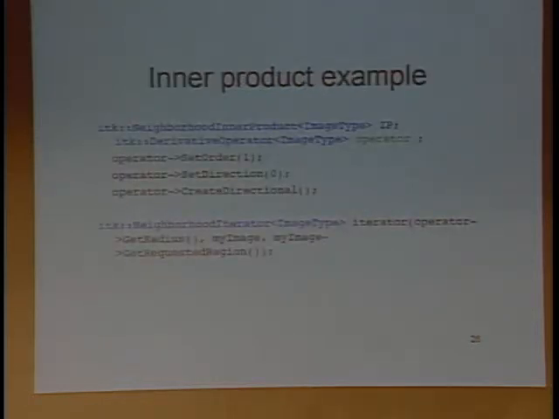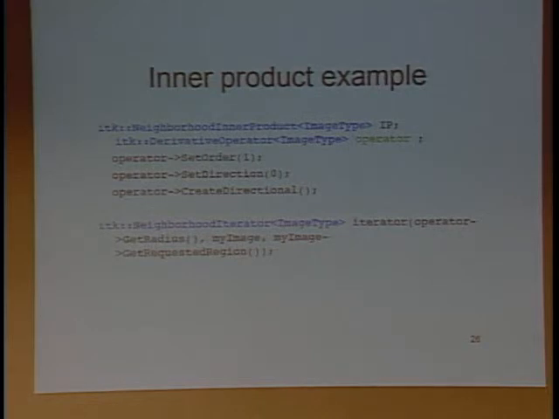This is pseudocode for the convolution. First, you define your inner product calculator as IP, and then you define an operator. Here it is a derivative operator, a subclass of the neighborhood operator. You set the order to be 1, and then set the direction to be 0.